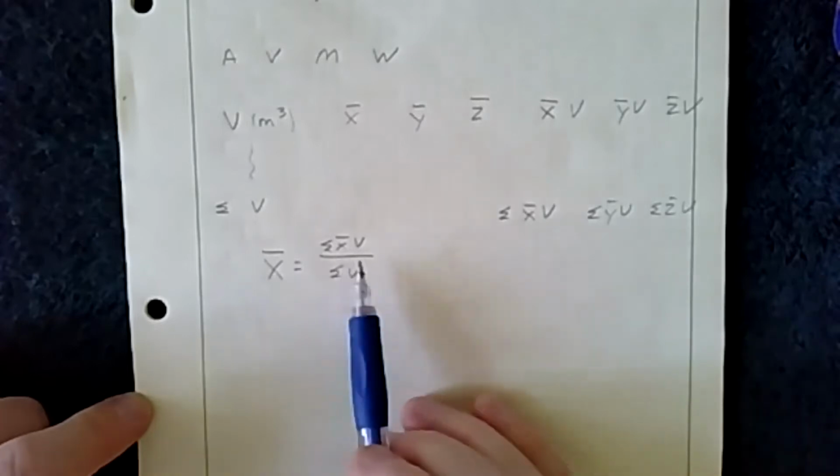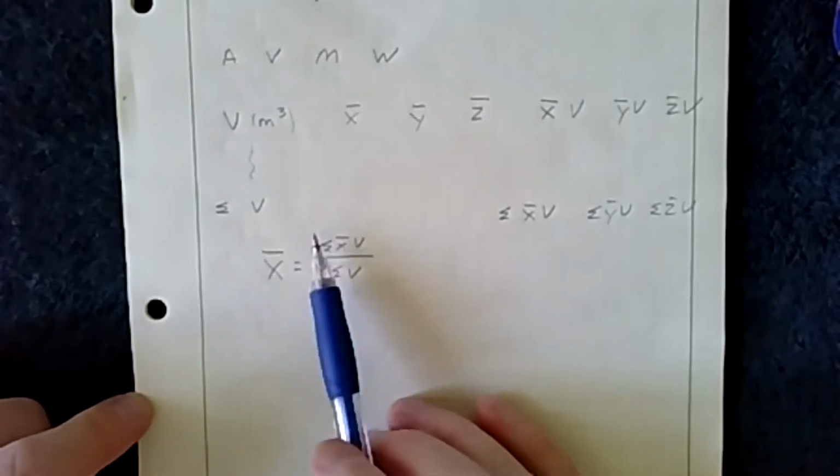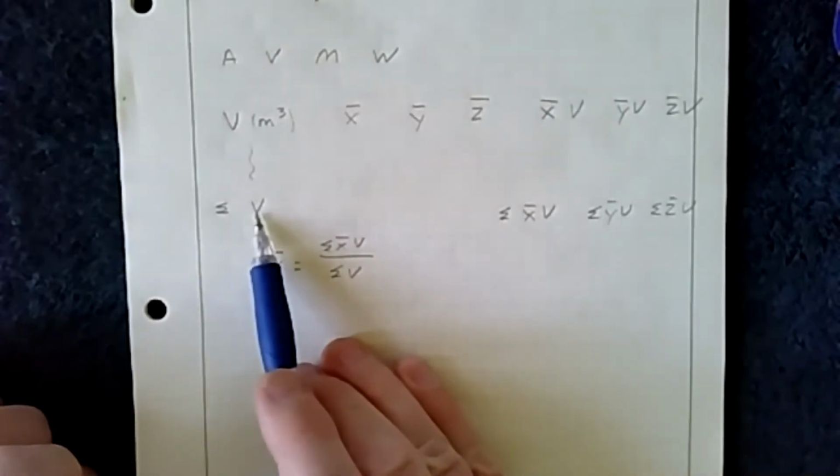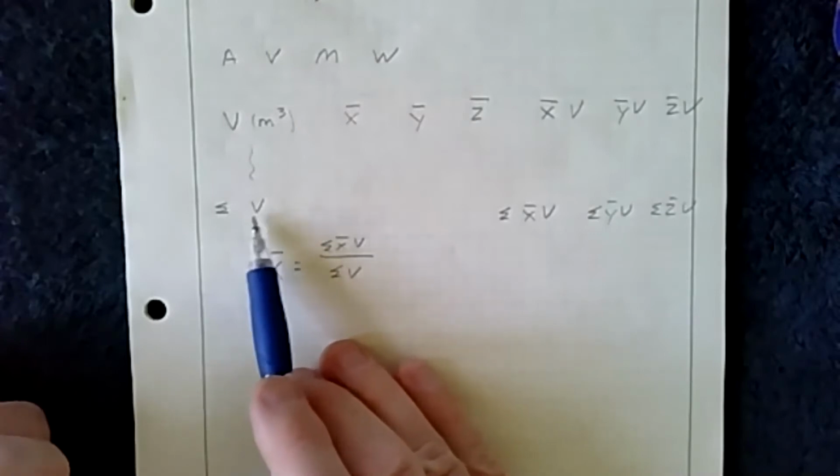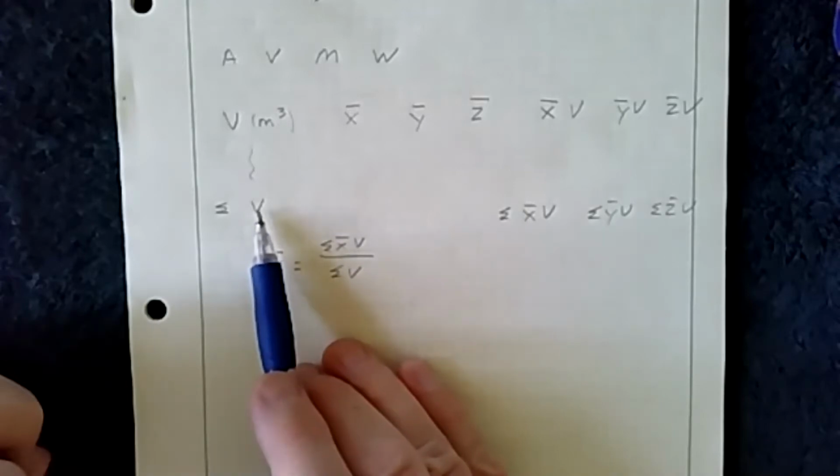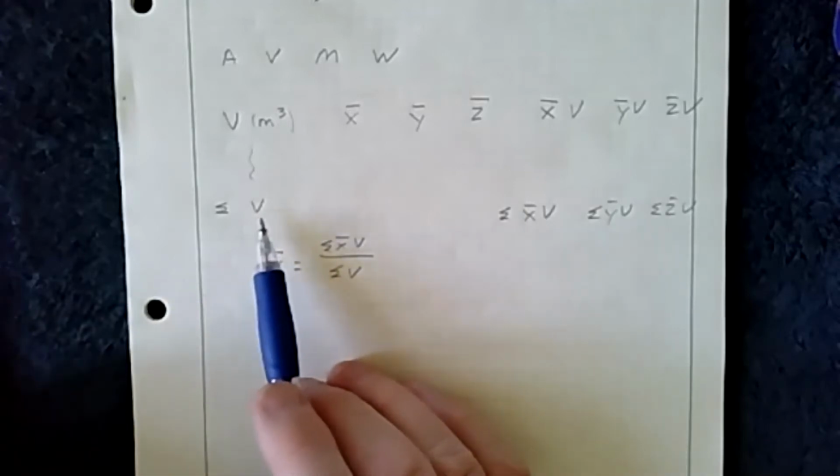So the only thing different in what we're doing is that we can't just use volume because we're doing center of mass or center of weight, and because the density is different, that's going to alter it.